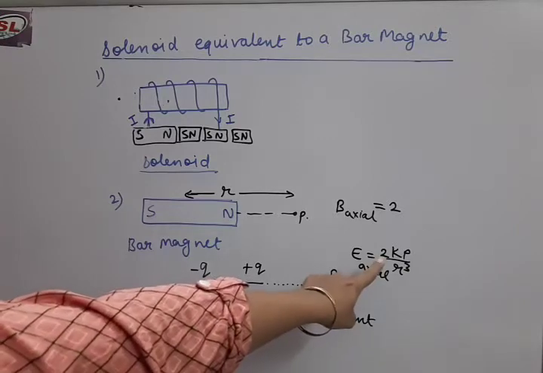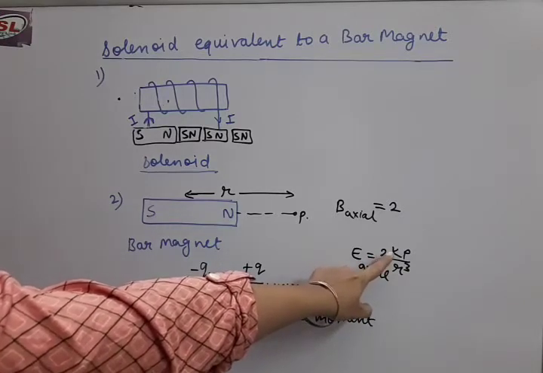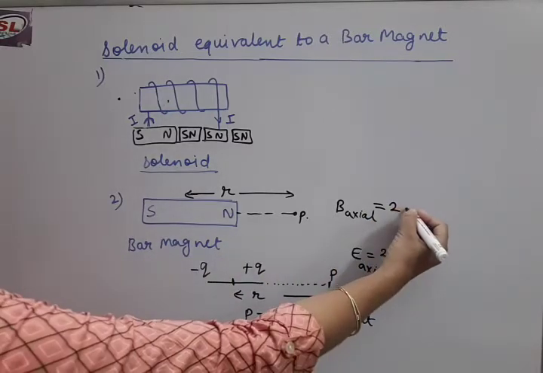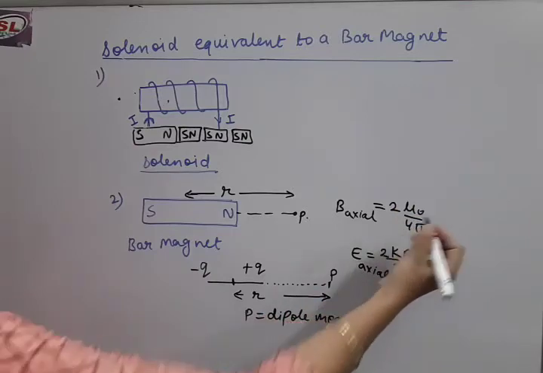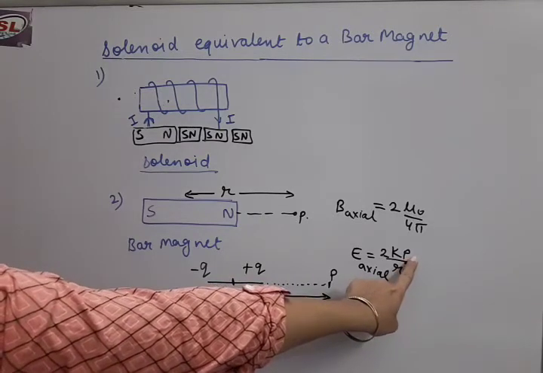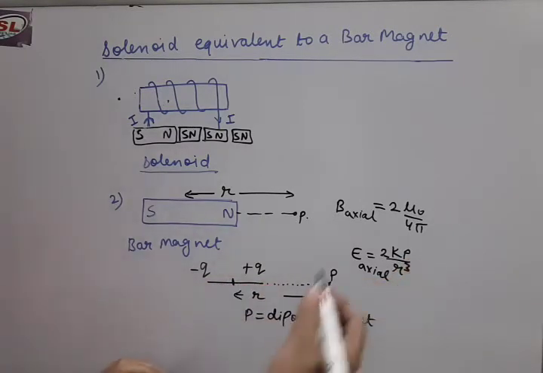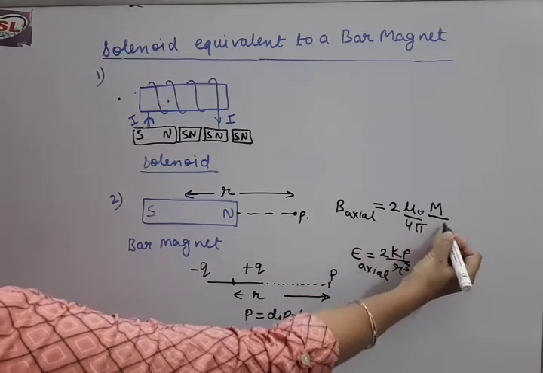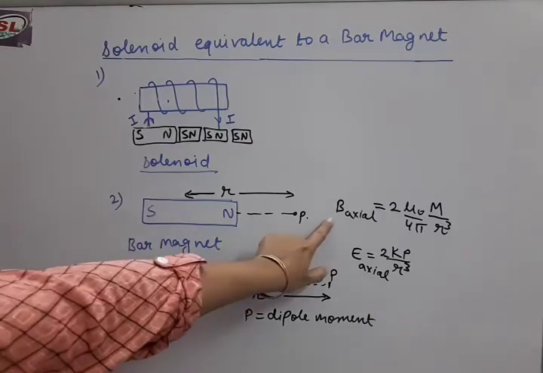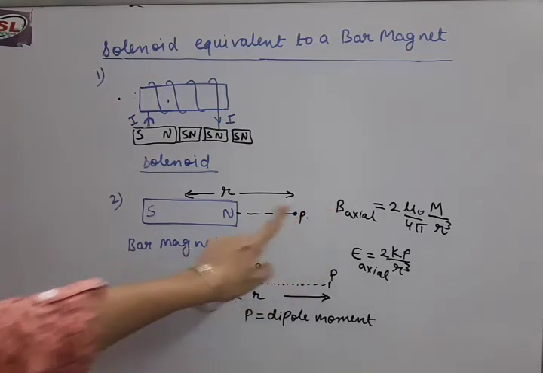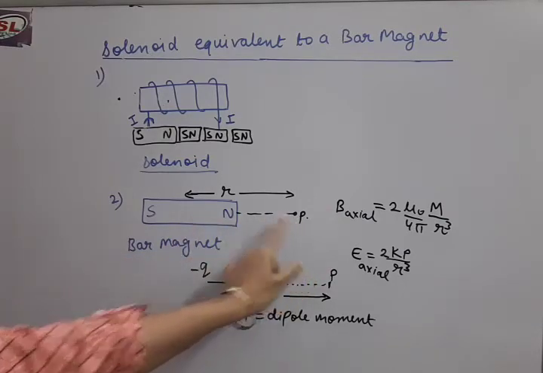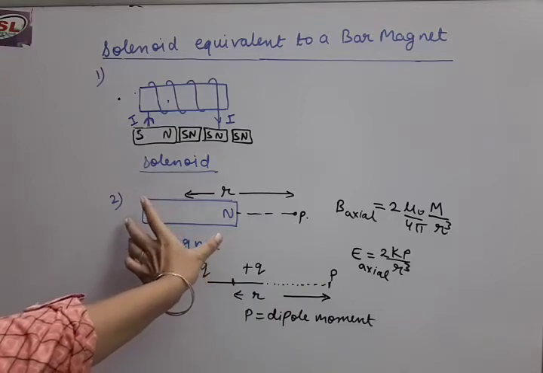Now, like in electrostatics the K term appears as a constant, 1 upon 4 pi epsilon 0, in the same manner in magnetism the constant which appears is mu 0 upon 4 pi. Here the electric dipole moment P was appearing, but we have to write the magnetic dipole moment capital M, upon the distance r cube. So this is the formula for the magnetic field on the axial line of a magnetic dipole, that means a bar magnet.